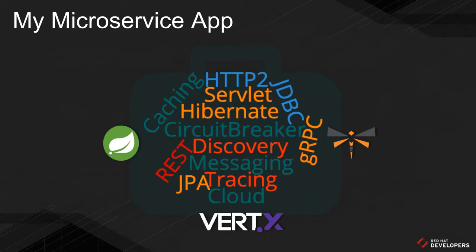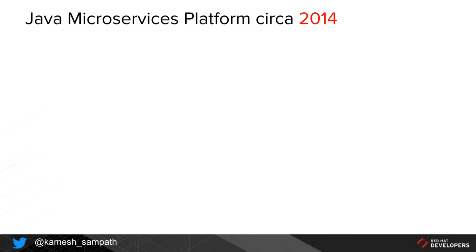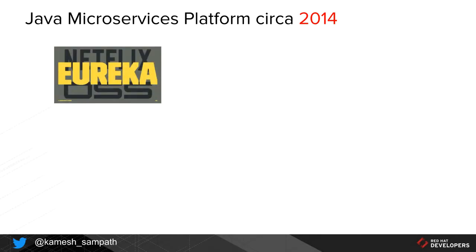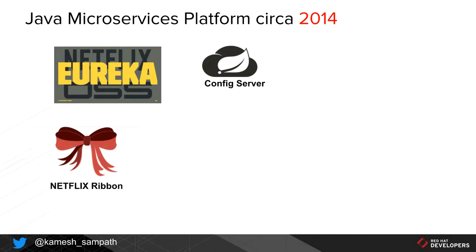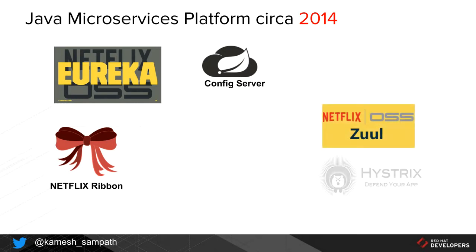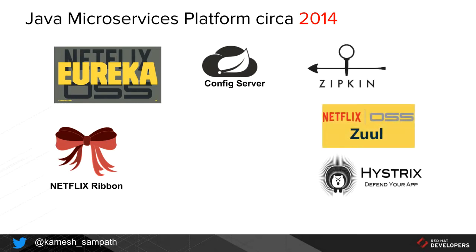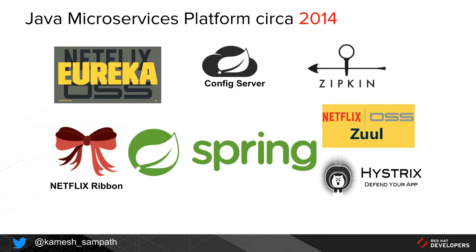I package them very nicely, and then I take it to the Spring Cloud platform with Eureka for my service registry, config server for my configuration, Netflix Ribbon for load balancing, and then Zuul, Hystrix, Zipkin, all nicely sitting uncorrelated on a Spring platform, either Cloud Foundry or any other kind of platform.